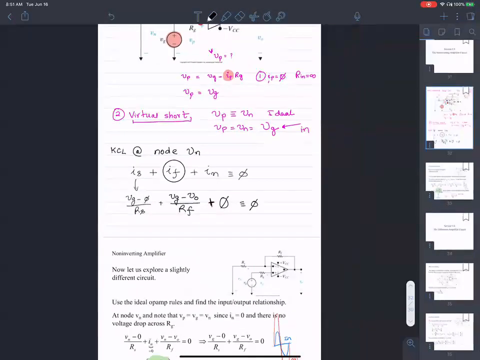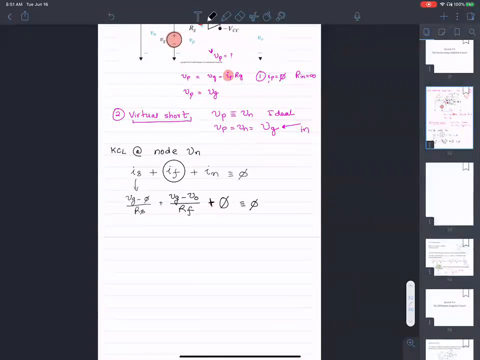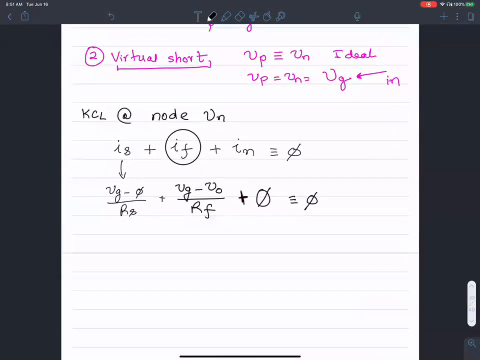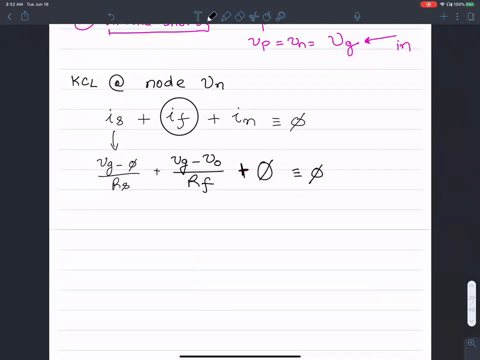massage this equation. Let me just do it in the interest of completeness. So I'm going to write it out here as VG minus 0 over RS plus VG minus V0 over RF, all of that equals 0.